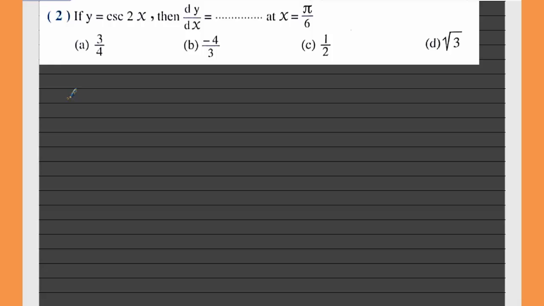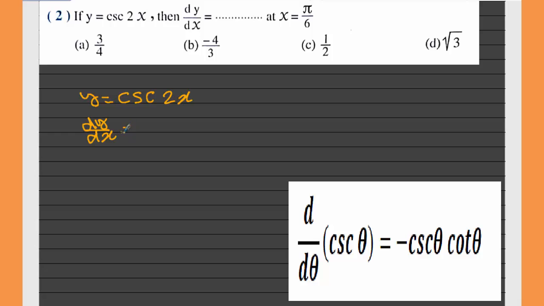Next question, question 2. If y equals cosec 2x, the required is to find dy dx at x equals pi over 6. dy dx, the first derivative with respect to x, equals the derivative of cosec theta equals negative cosec theta cotan theta.